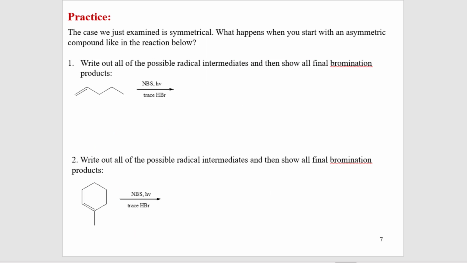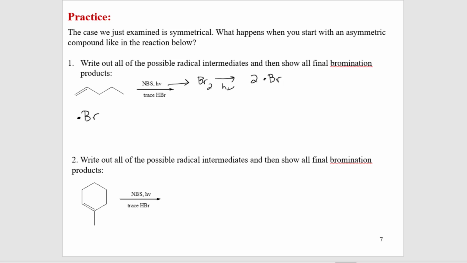Now let's work out one of these just to understand a little bit more about this bromination and all of the considerations. NBS, if you just think about it, is our Br radical. I can shortcut it and say, yep, it generates Br2 with a trace amount of HBr, and then with light, it forms two equivalents of the Br radical.